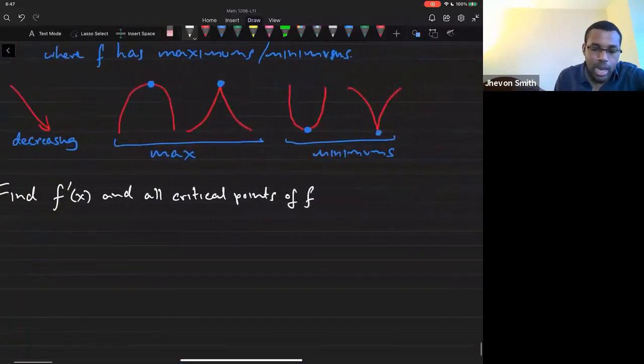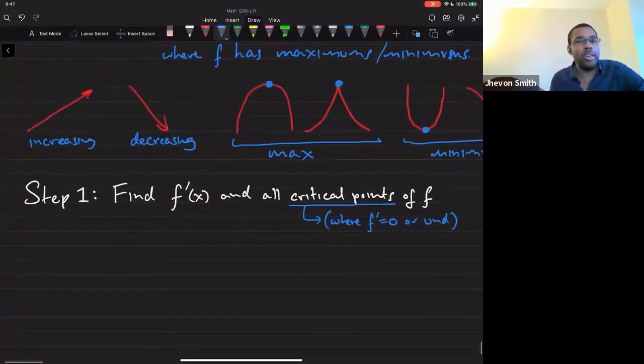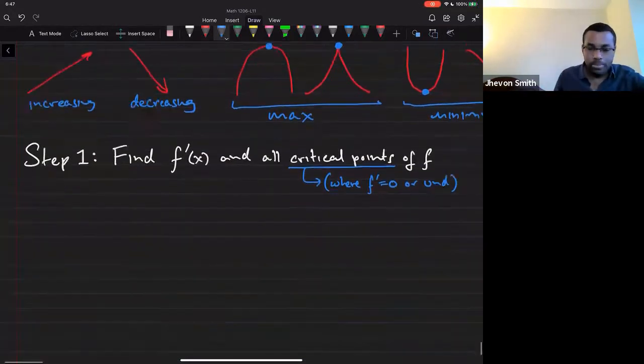Now, a critical point, I am going to be identifying some of what I'm talking about here in detail later, but this is just where f prime equals 0 or undefined. And I'm going to explain why we want that particular condition, but that's what a critical point is. So that's the first step. Find the derivative, find all the critical points.